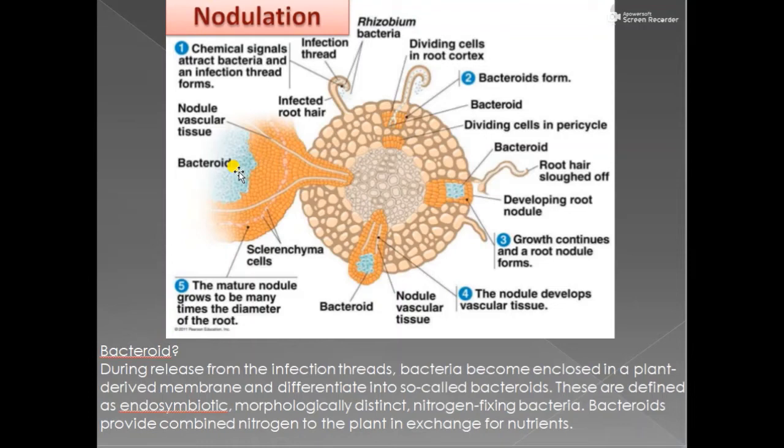The rhizobium within the bacteroid will fix nitrogen and convert it into ammonia, and in turn, the bacteroid gets nutrients from the plant.